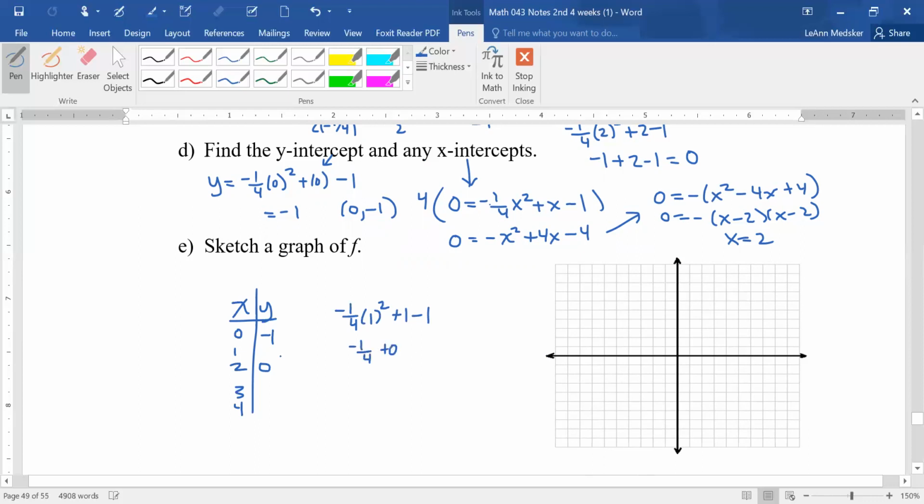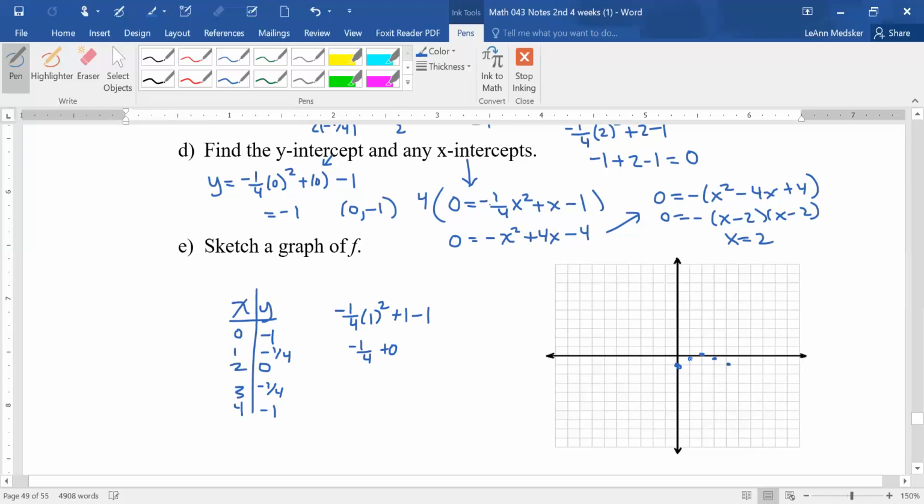So it's just -1/4. And then I shouldn't have to do anything if I've got my correct vertex, because remember that should match on the other side. So 0, -1. 1, -1/4 is really tiny, but it's just right on the other side of the x-axis. 2, 0. Then we have that one and that one.